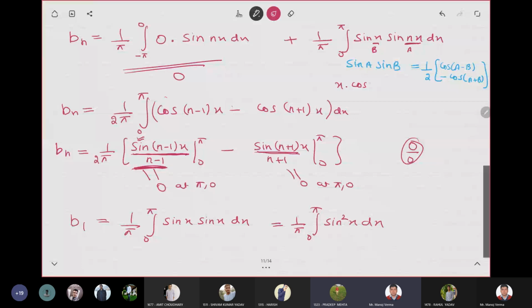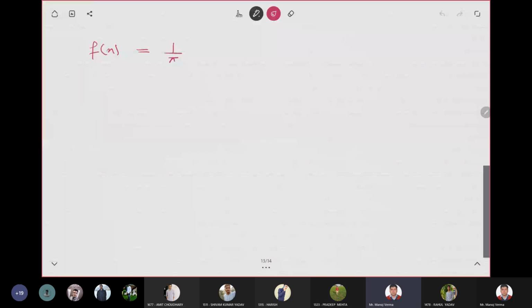So this a naught was 2 over pi. So in the final expression it will become 1 over pi, because in the final expression we have to take a naught by 2 plus the value of a1 and an.